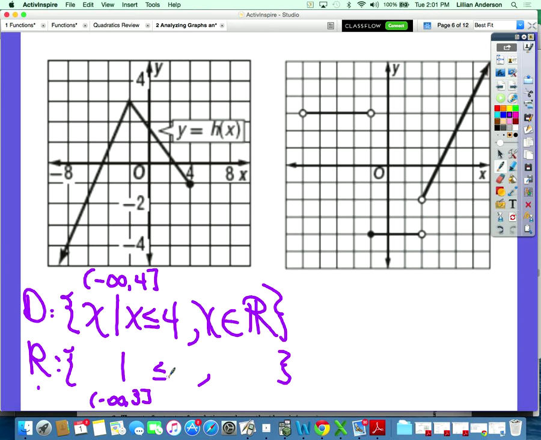I'm trying to represent all the values from negative infinity. It's y, but y is less than or equal to what number? 3. So I need a y at the front. It's the set of y values such that y is less than or equal to 3. And then y is an element of what set of numbers? All real. And there you go. So you use y because of range and x because of domain. Exactly. Yes?